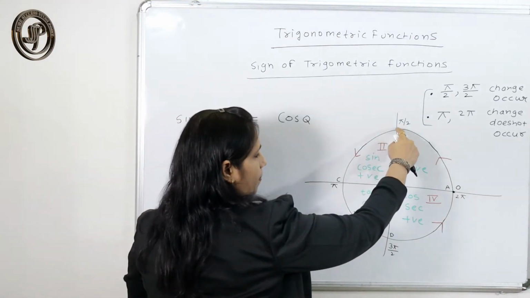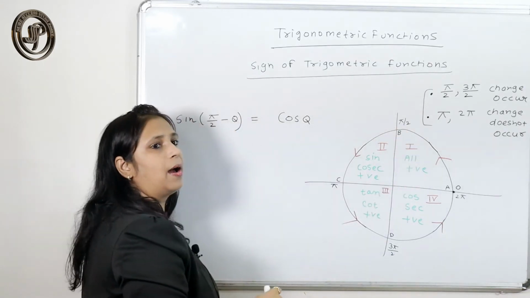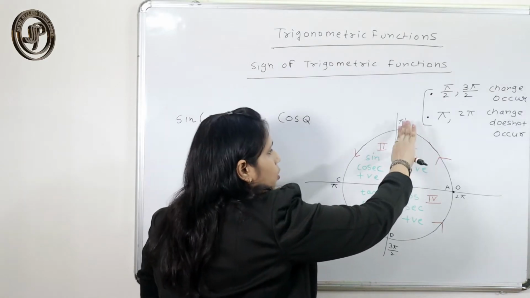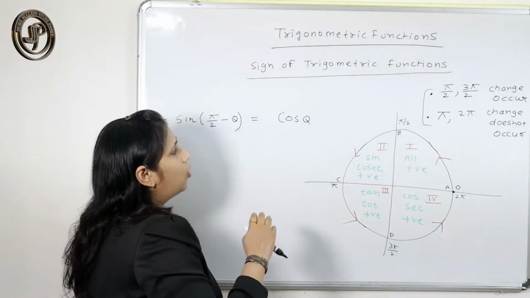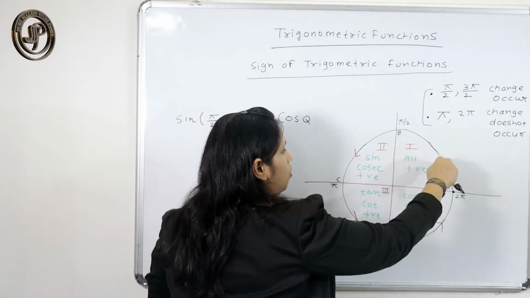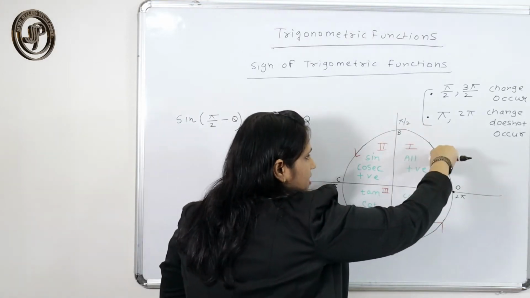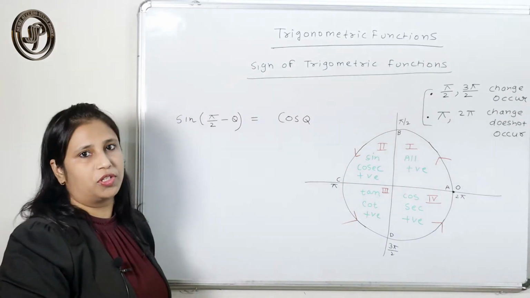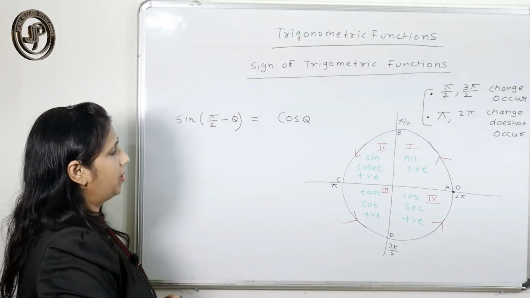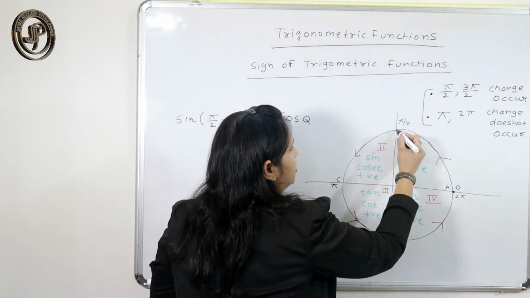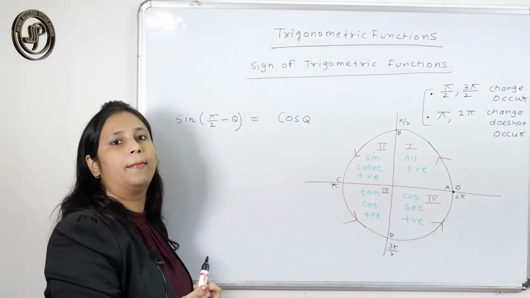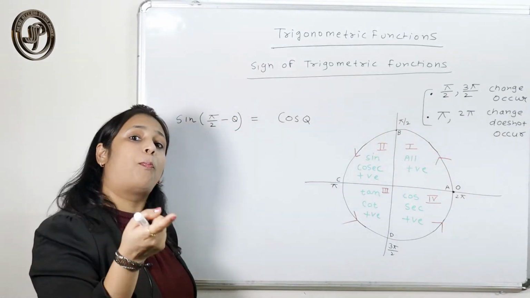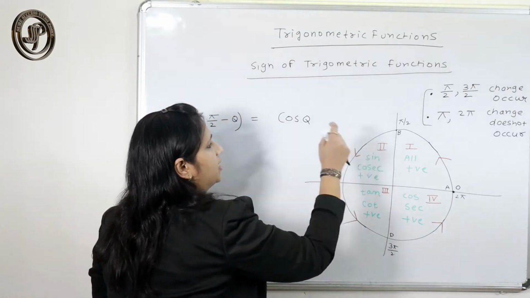Now in sine pi by 2 minus theta, this is pi by 2 and minus theta means you are going towards the first quadrant, because pi by 2 minus means you are going in the direction opposite to the arrow, so you are going to the positive first quadrant. Less than pi by 2 is the first quadrant, and if I say pi by 2 plus, then you are in the second quadrant.